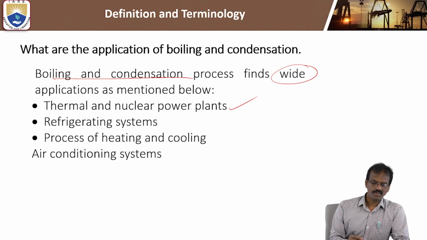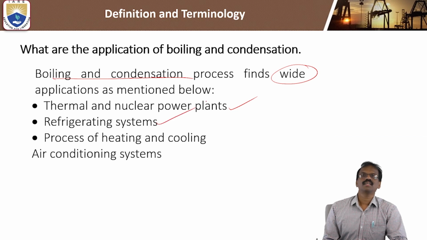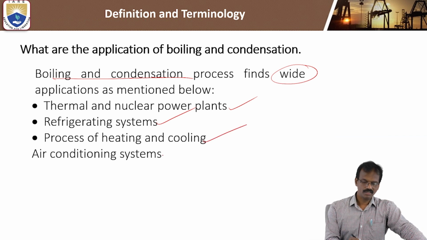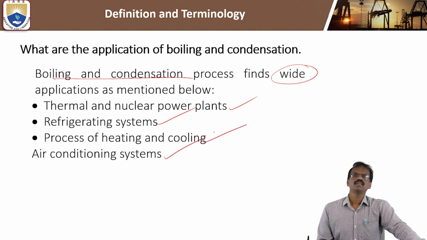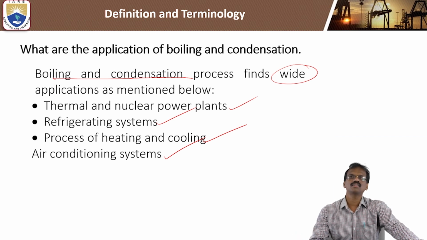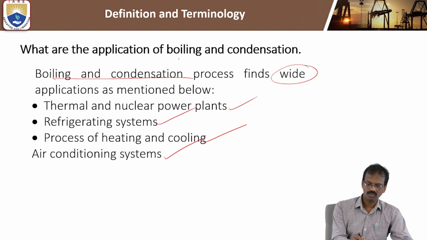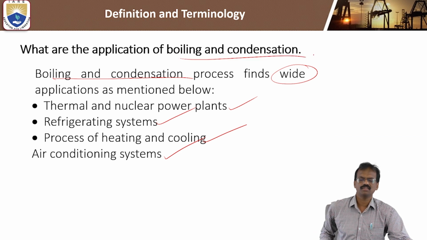Refrigerating systems, air conditioning systems, and the process of heating and cooling systems. So many applications are there because it is a very important topic. Boiling and condensation is needed in every area.